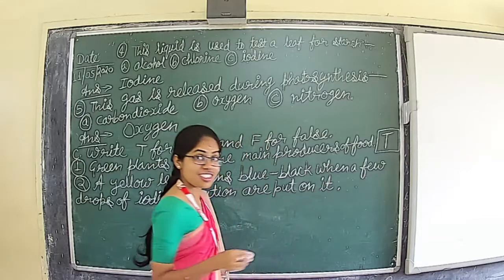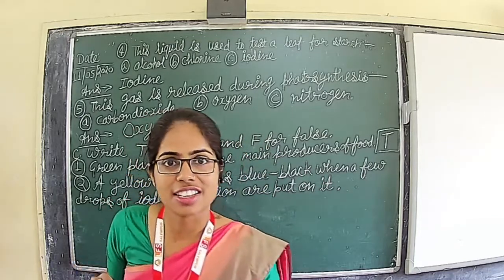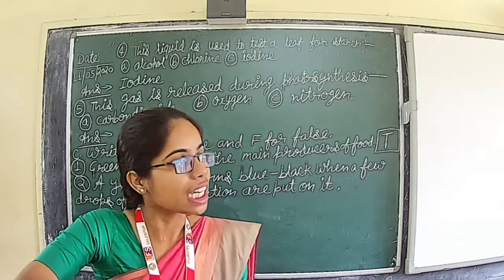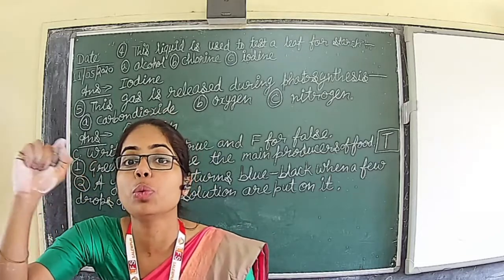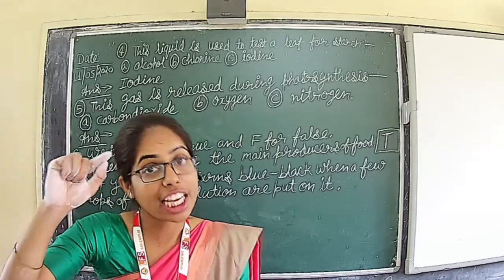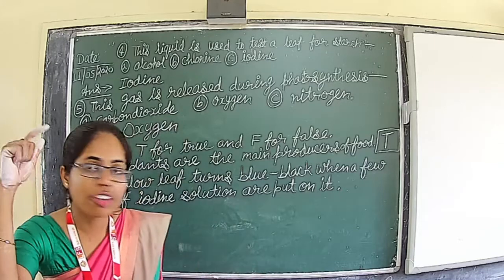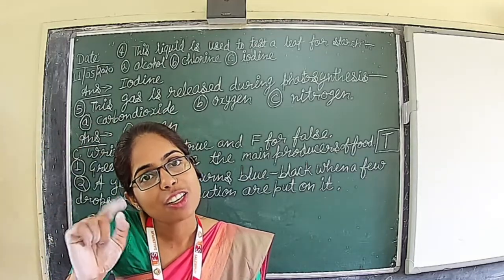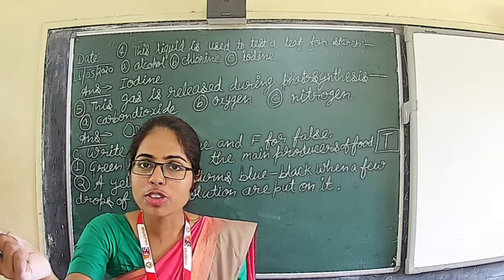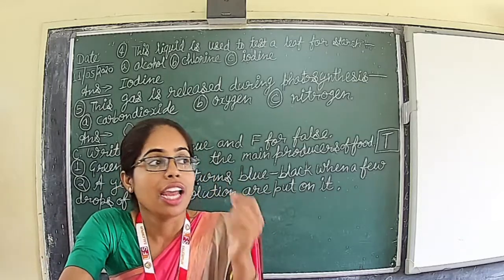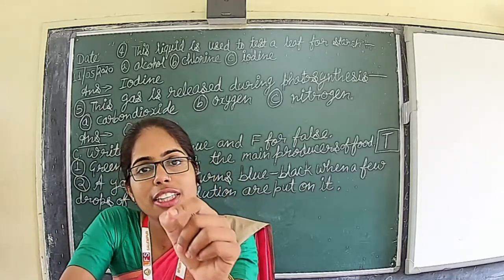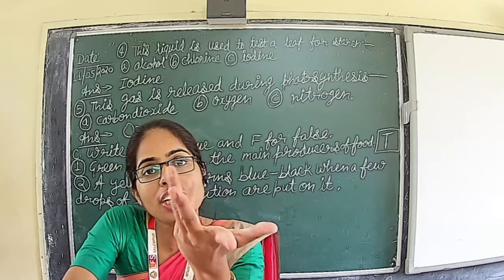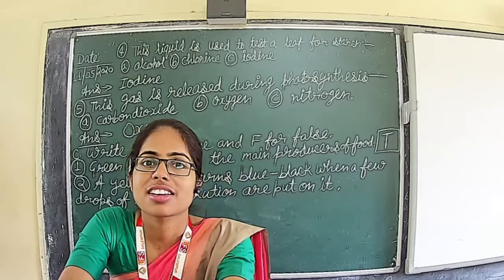What will be the answer? Now you may be knowing the answer. We have studied that green leaves only turn blue black because they can prepare the food. Yellow leaves can't prepare food because they do not have chlorophyll. And if they cannot prepare their food, they will not have any starch.